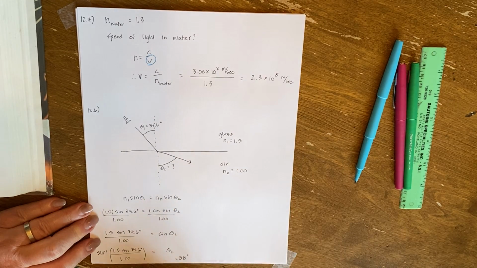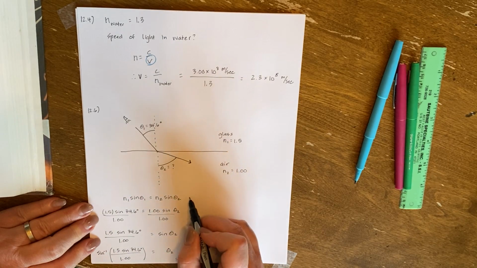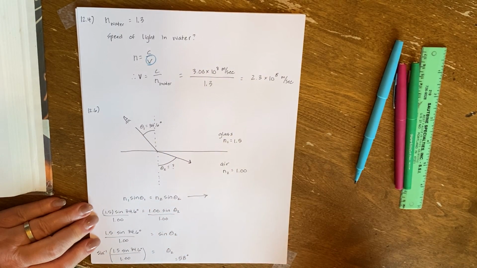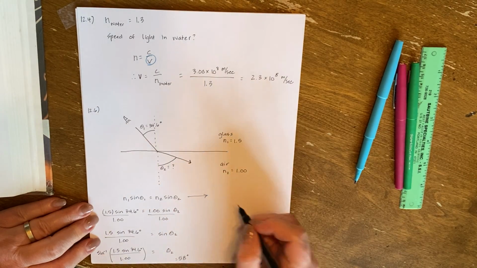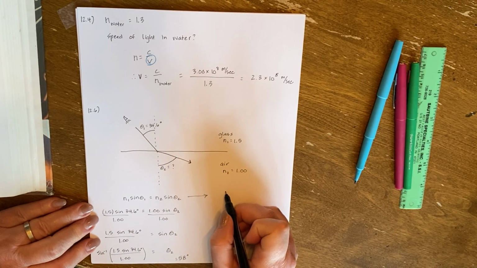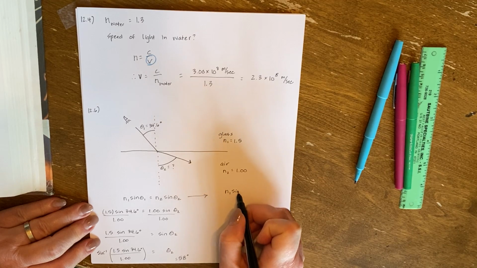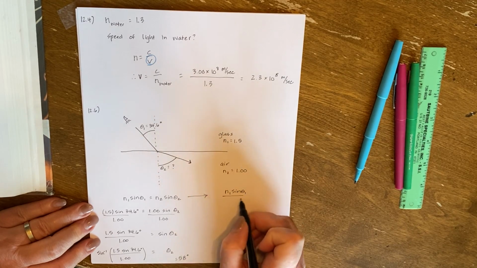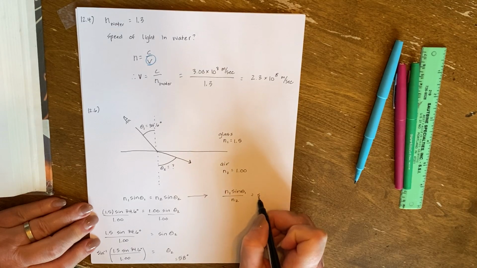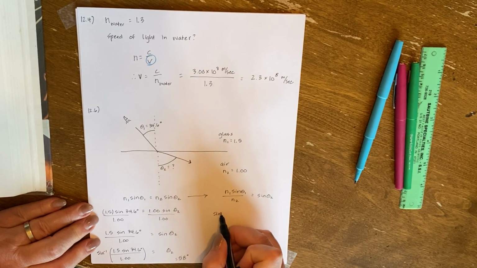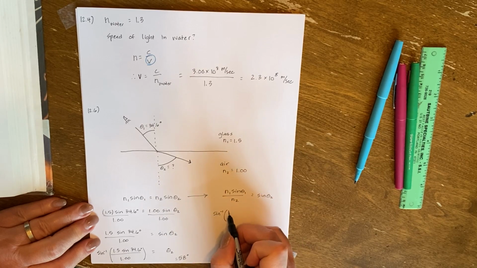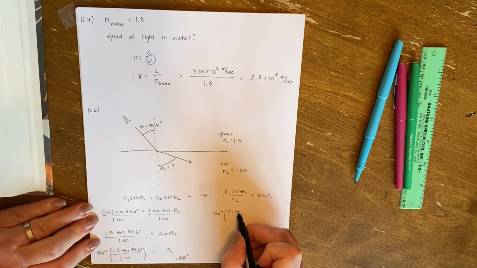Okay, we're limited to 2 significant figures because of this 1.5. The other way to do this, which I like to do, is to solve just the equation for our unknown first. So it would be N1 sine theta 1 over N2 equals sine theta 2. Then I know I have to take the inverse sine of both sides.